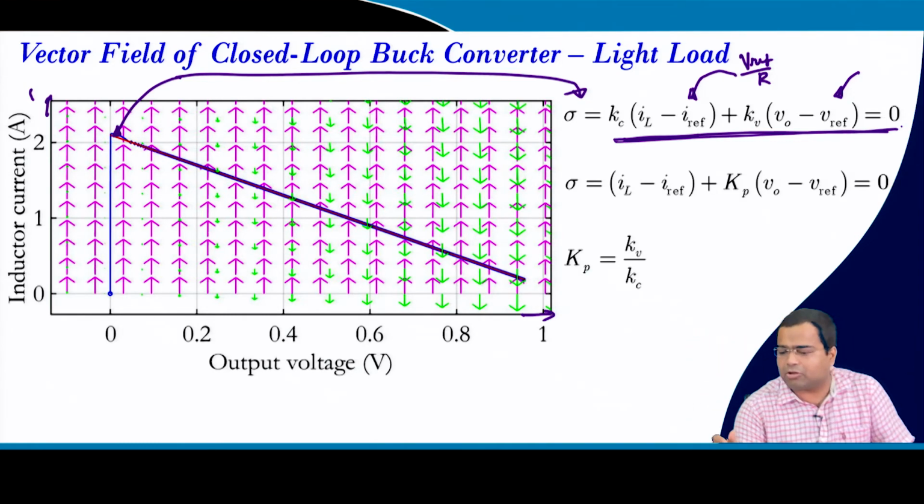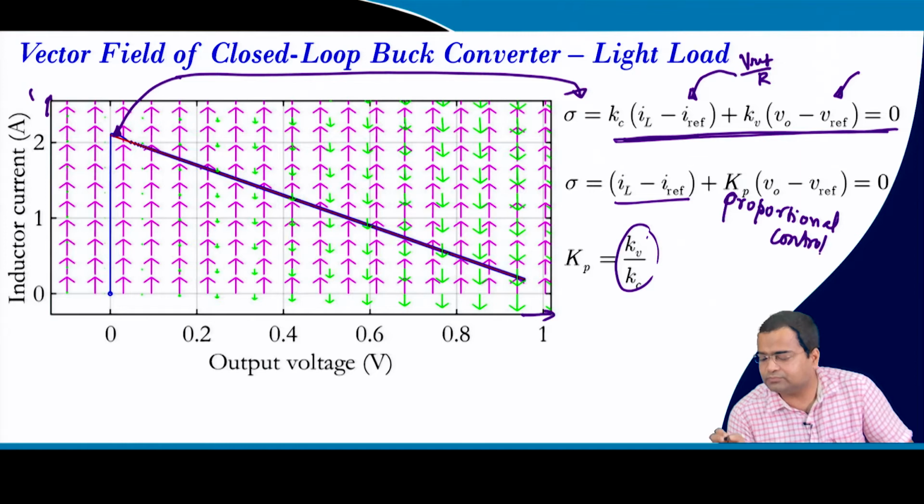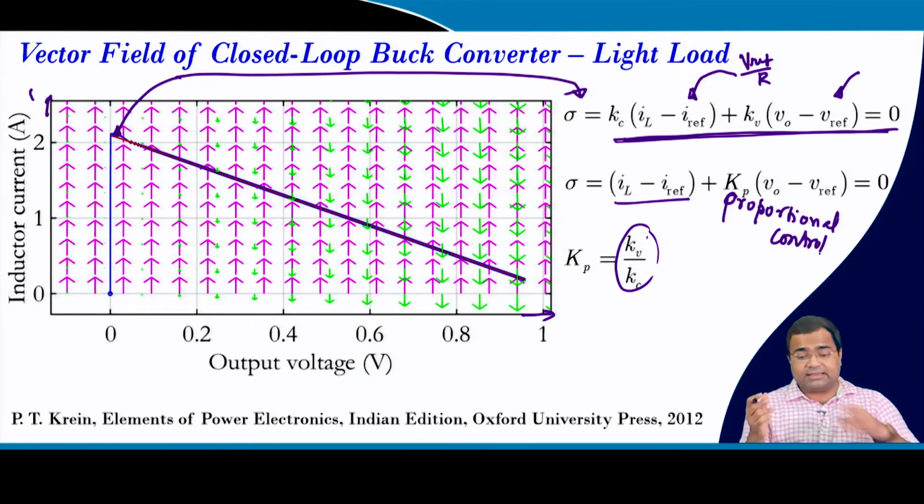And if we further normalize, you divide by Kc, it will look like a gain, like a current error into proportional gain. We are talking about a proportional control, and you can get more detail about this geometric control in the element of power electronics.